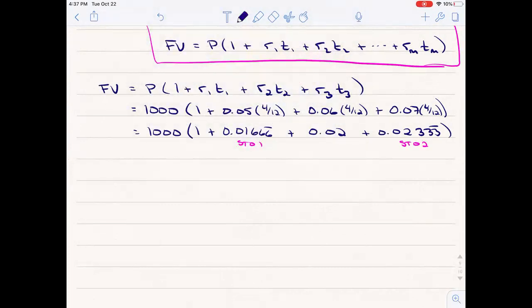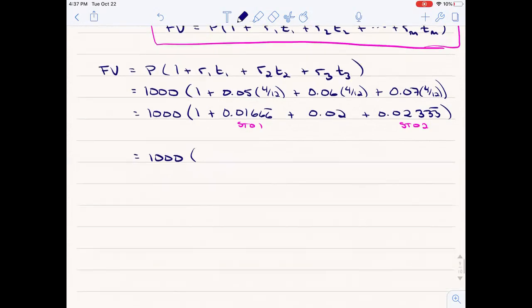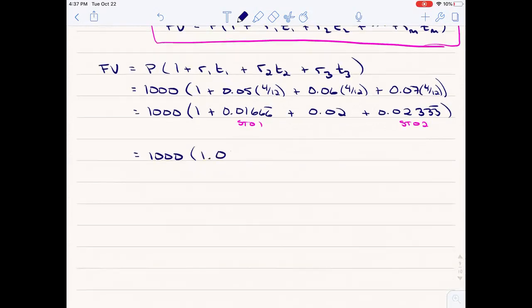So now I can do 1,000 times, don't forget that 1, it's going to make a big difference, 1 plus recall 1 plus 0.02 plus recall 2. All right, so plus 0.02 plus recall 1 plus 1. I get 1 nicely condenses to 1.06.